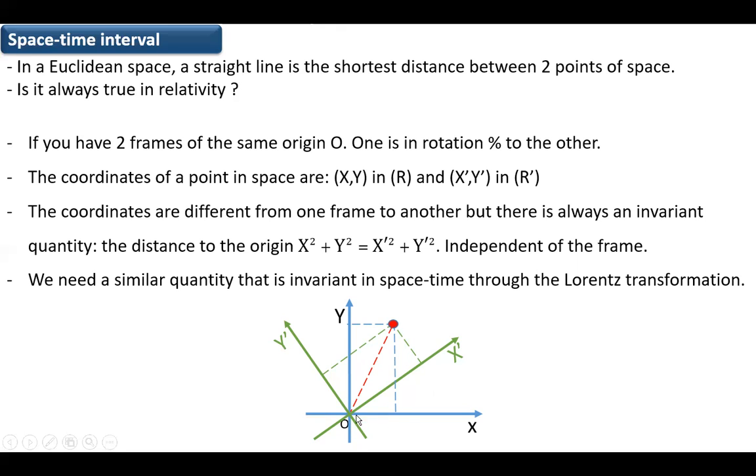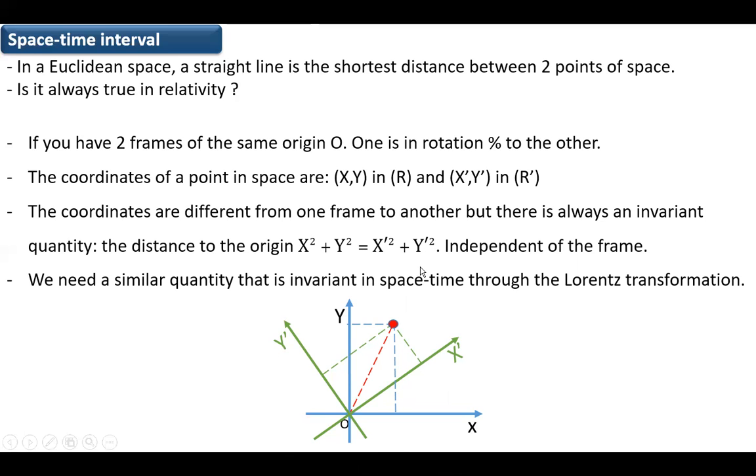The two frames have the same origin, and x prime, y prime is rotating around x, y. So the axis of rotation passes through O, the origin.